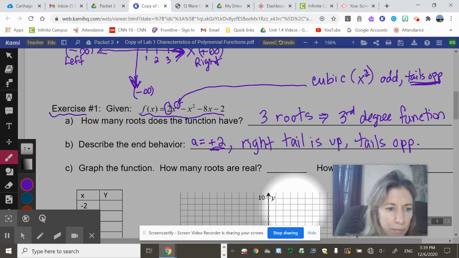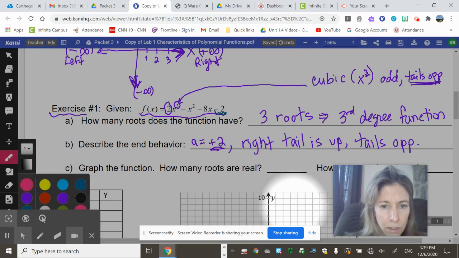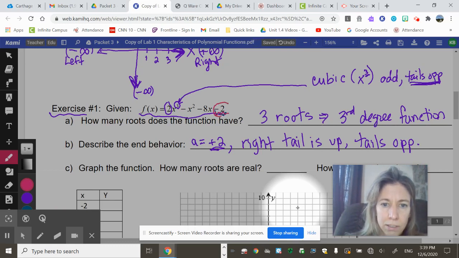I can look at this just by looking at the equation. Also, this number at the end, the -2, the constant, it has no variable with it. This is going to be my intercept.